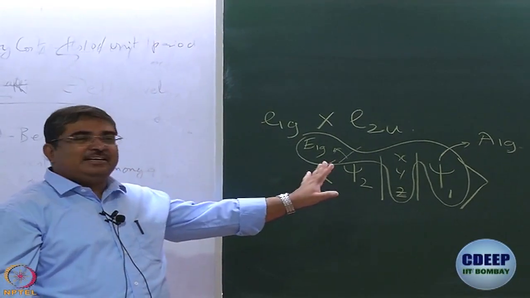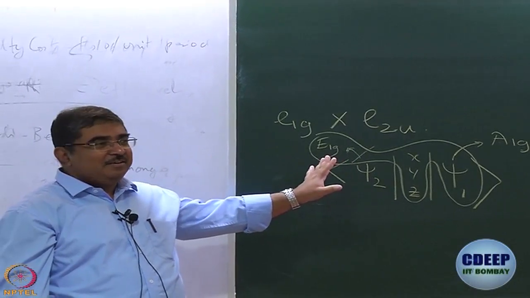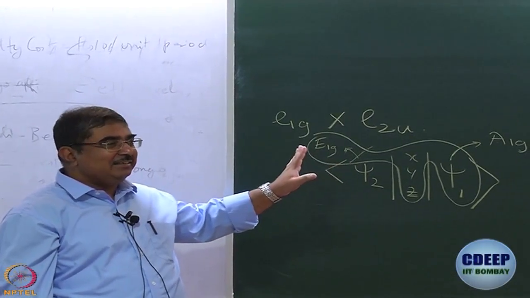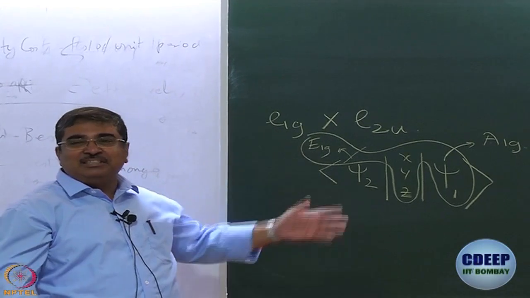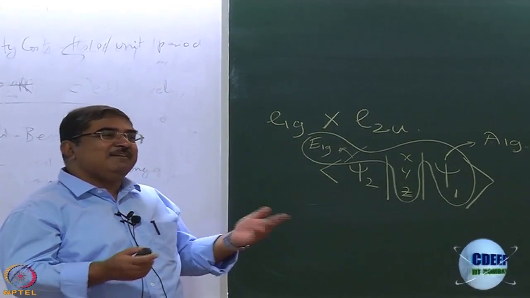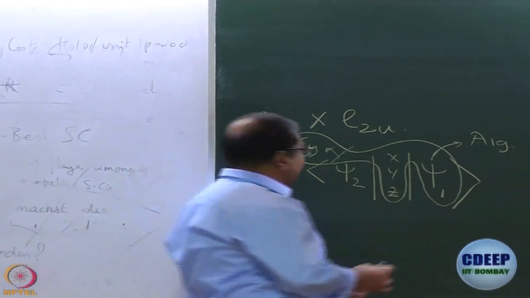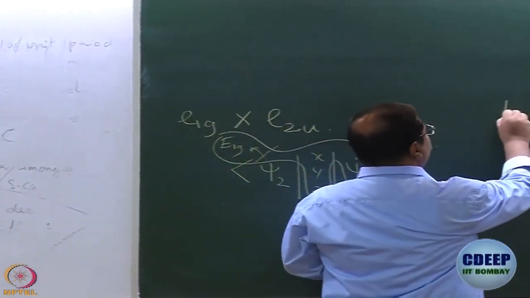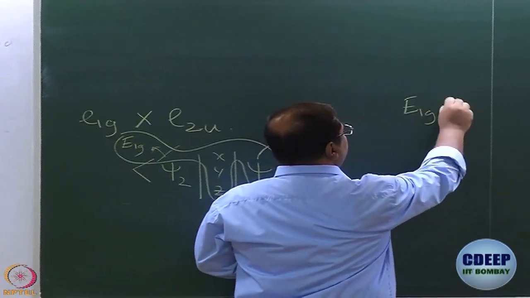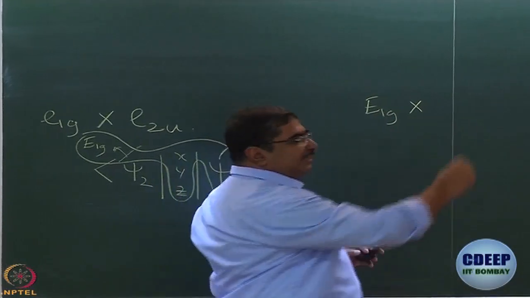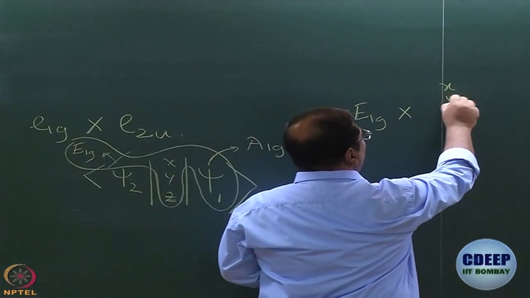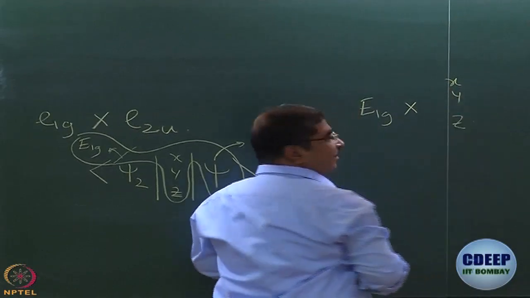One good thing has happened already. The ground state is A1G, and A1G multiplied by anything gives back the same thing, so we do not even have to worry about it. We only have to worry about the direct product of E1G cross whatever is the symmetry of x or y or z.